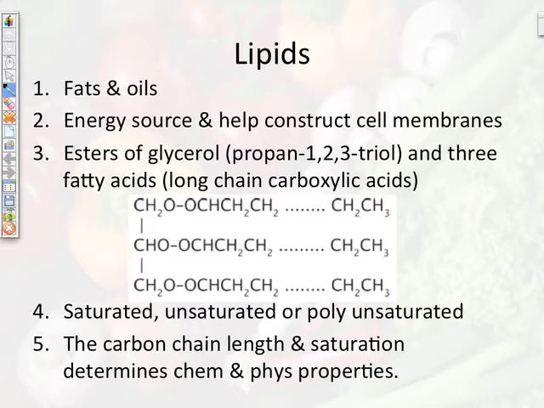And how long the carbon chain is and the amount of saturation is going to determine those chemical and physical properties like we were just discussing. So saturated, solid at room temperature; unsaturated, polyunsaturated, liquid at room temperature.